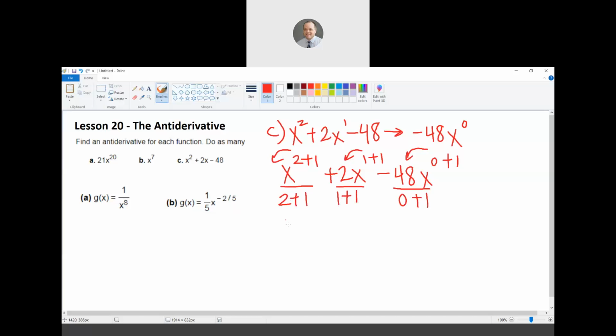Simplifying a little bit, we have x cubed over 3 plus 2x squared over 2 minus 48x over 1.